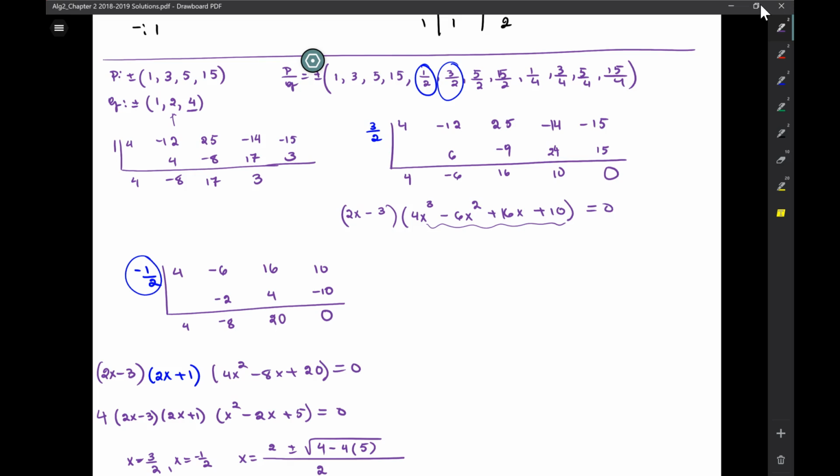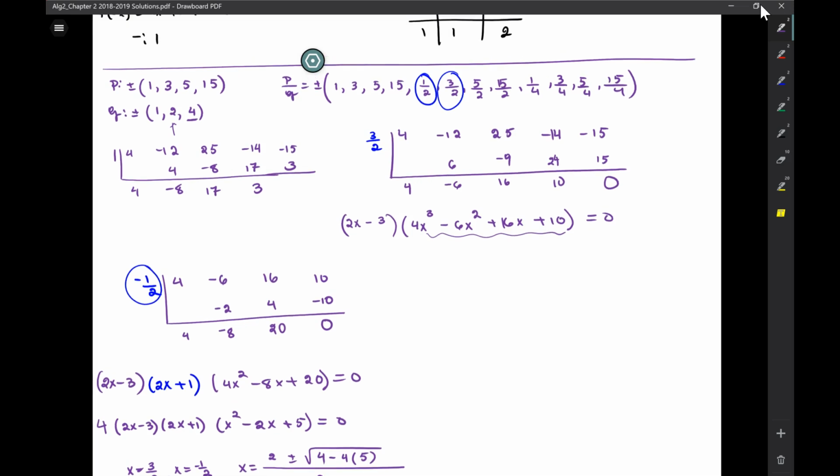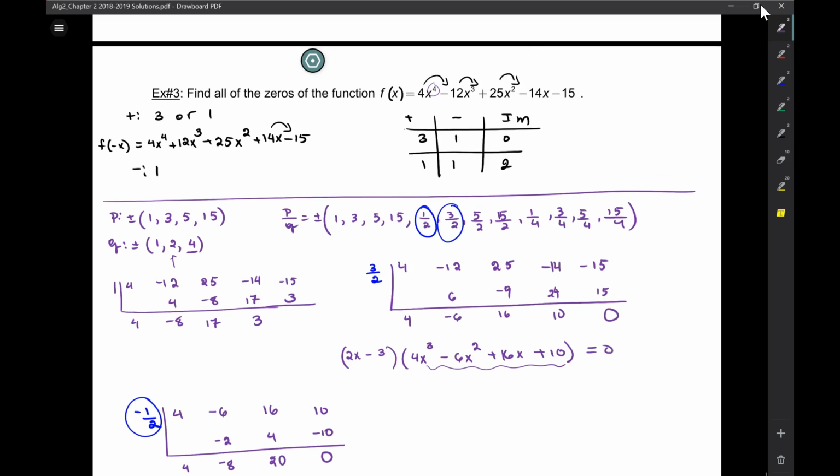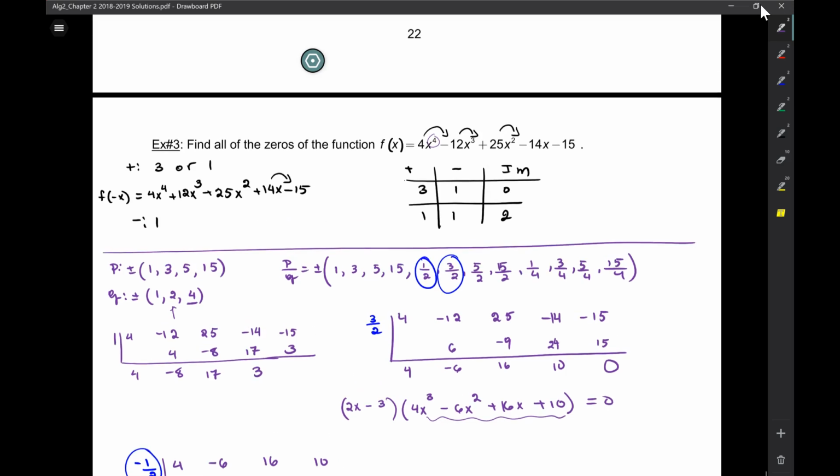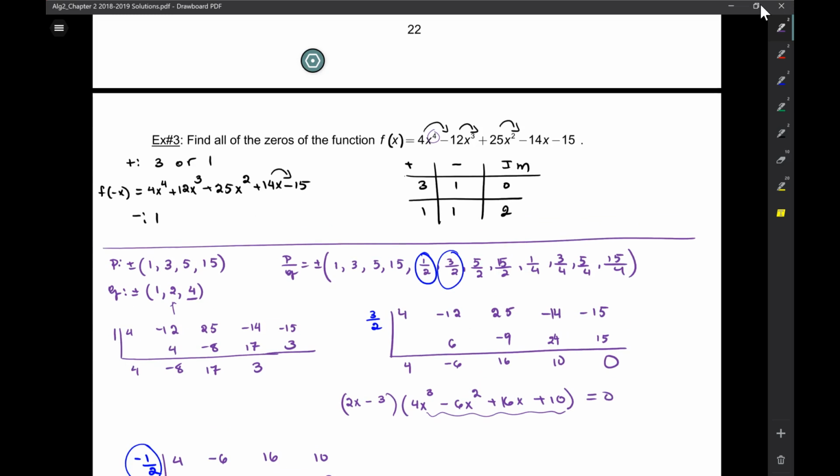In fact, on your test, on a non-calculator section, I can very possibly give you a cute little function for which P over Q is like 3 or 4 numbers, and you have to do the synthetic division manually and figure it out. Does that make sense to you? You're allowed to use the calculator to minimize that tedious work, but not to get rid of the work that you're showing.